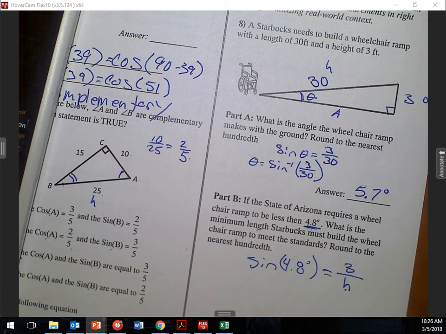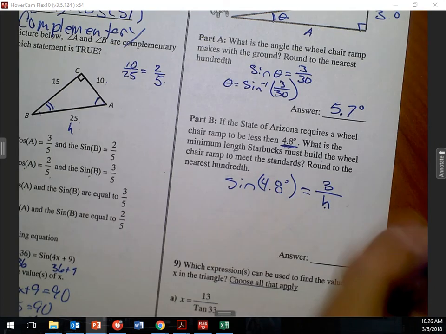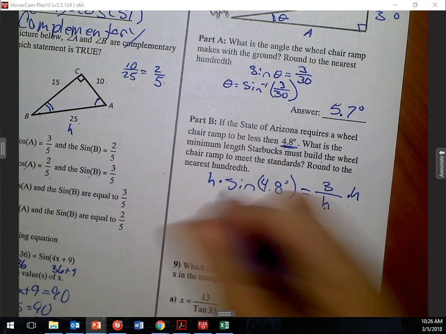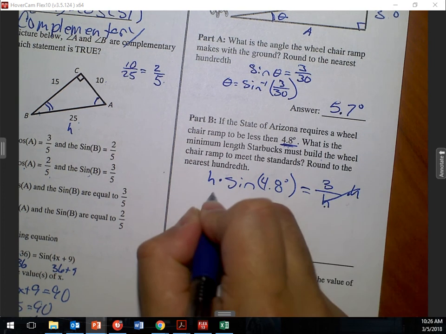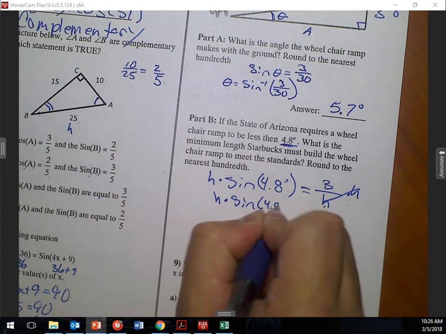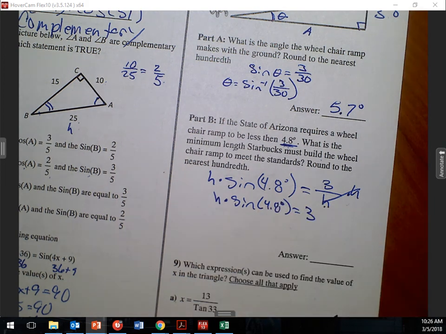So what would I do to both sides of this equation? Multiply by h. Very good. Multiply both sides by h, so it's going to cancel that out over here. h times sine of 4.8 degrees is equal to 3. What would I do now to get h by itself?